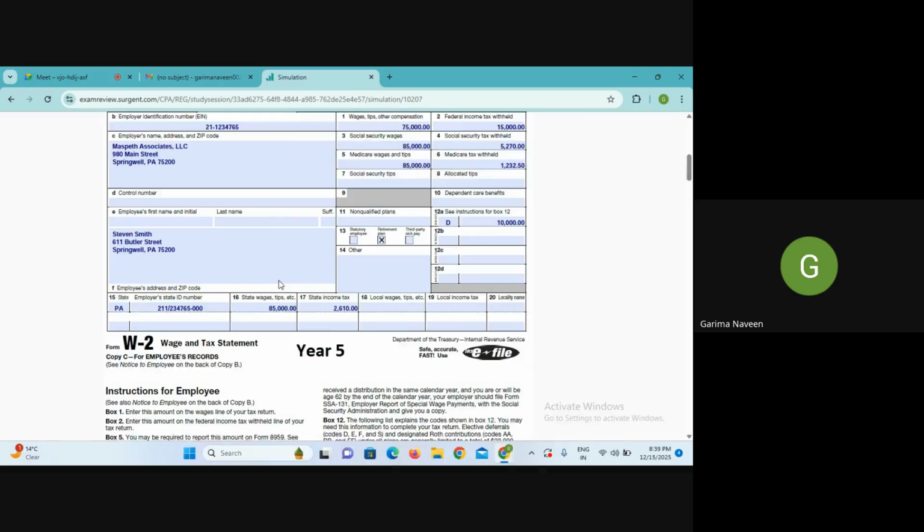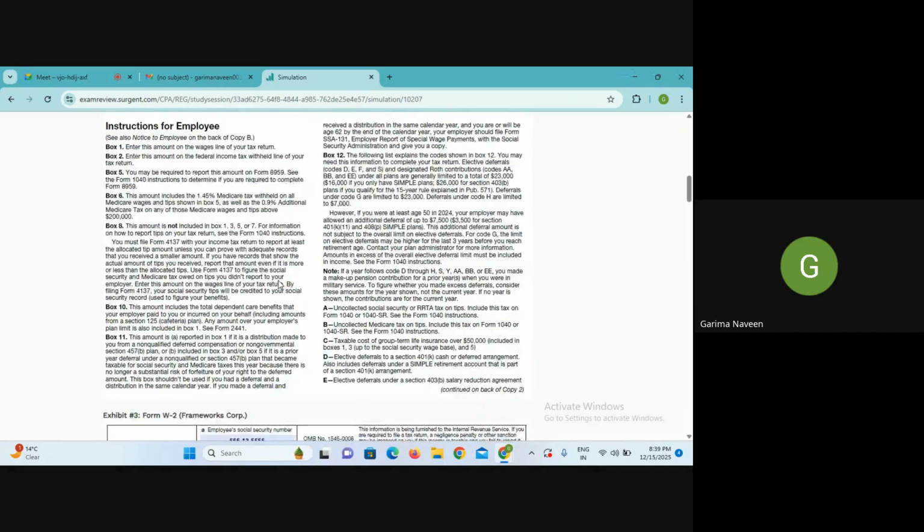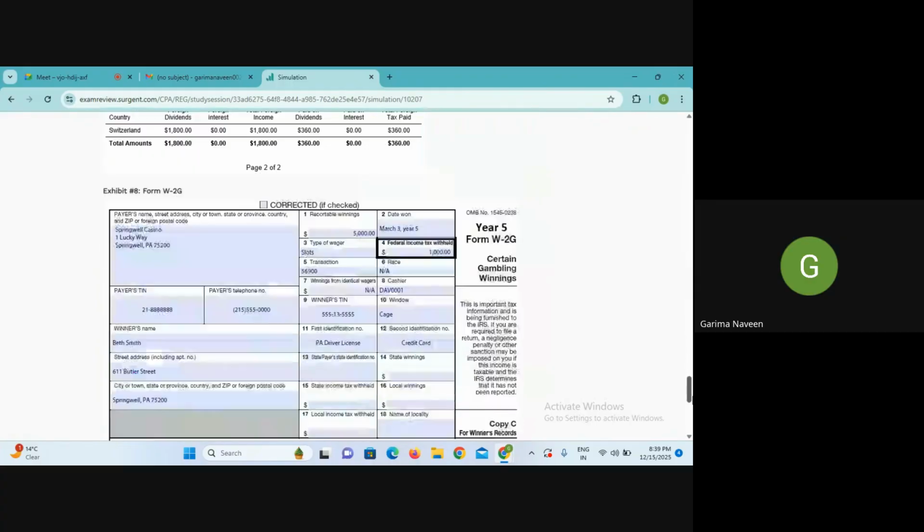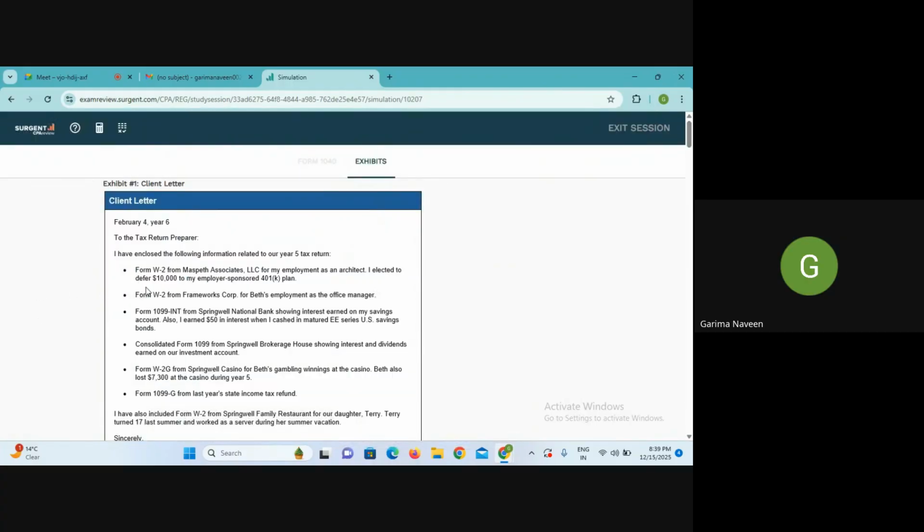So here their data is given. Okay. So first is the client letter. So read the client letter. You have here Form W-2, Form 1099, consolidated Form 1099, W-2G, 1099-G.